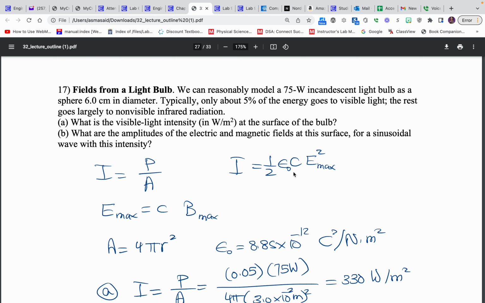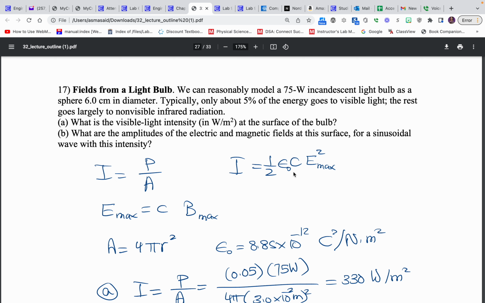Fields from a light bulb. We can reasonably model a 75-watt incandescent light bulb as a sphere 6 centimeters in diameter. Typically, only 5% of the energy goes to visible light. The rest goes largely to non-visible infrared radiation.